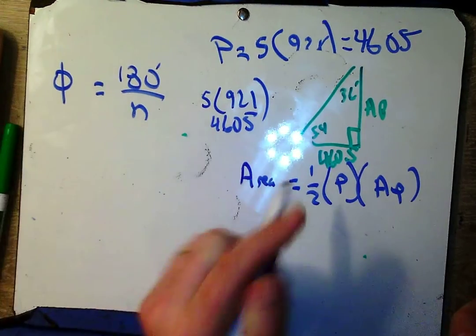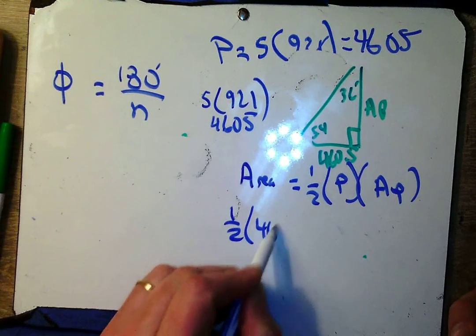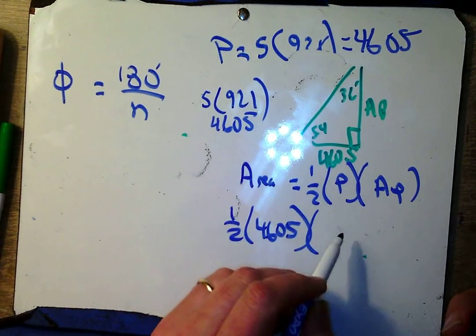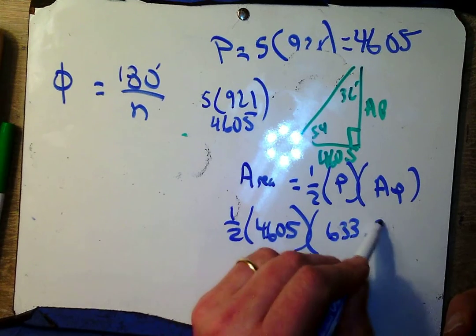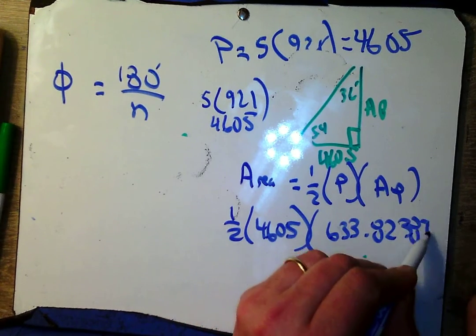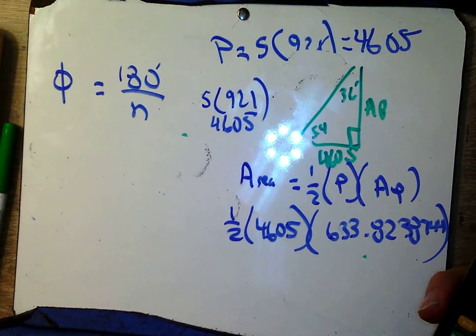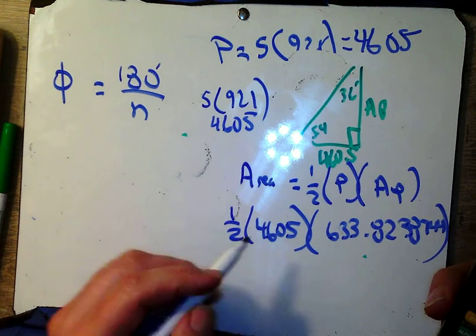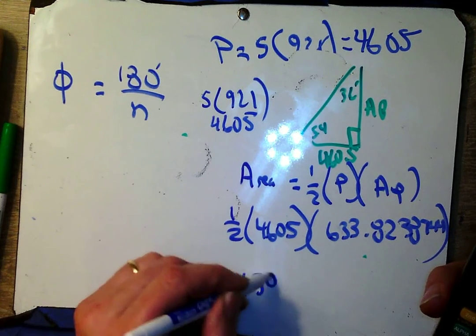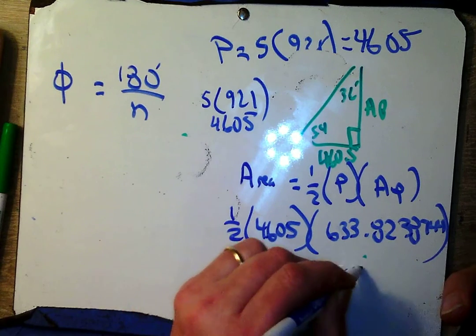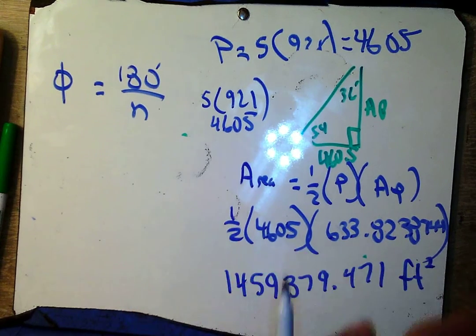So we're going to have 1/2 times 4605 times, what was our apothem? 633.8238744. All right, and so that's 1,459,379.471, and these are square feet.